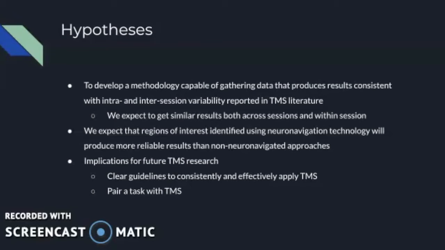Secondly, we expected that the regions of interest identified using neuronavigation technology would produce more reliable results than non-neuronavigated approaches. This study will have implications for future TMS research. It will provide clear guidelines to consistently and effectively apply TMS, and hopefully we will be able to pair a task with TMS in future studies.